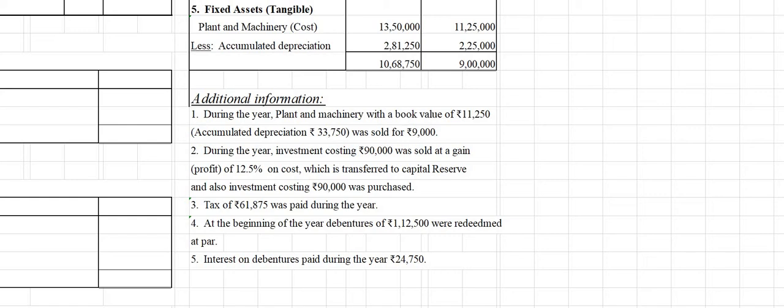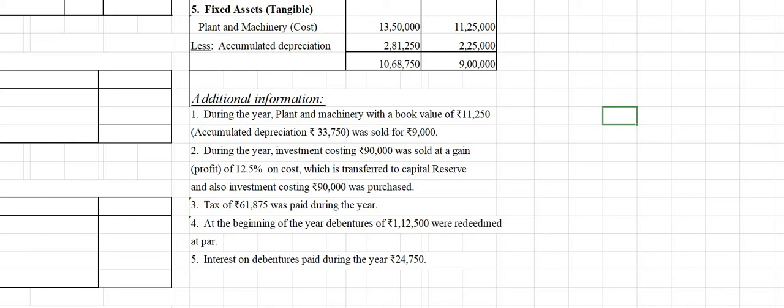So anyway we will prepare that accumulated depreciation account, because accumulated depreciation account balance is given. So we can prepare accumulated depreciation account as well as the plant and machinery account. So we have already told that if an adjustment is given related to any asset, it is better to prepare the concerned asset account.